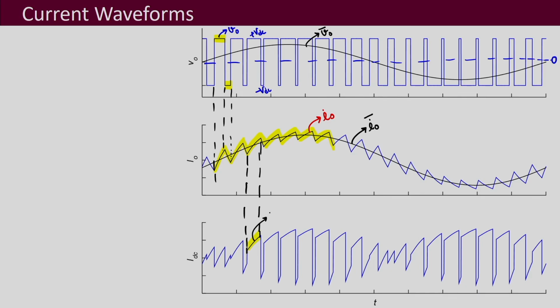So, this part it is equal to plus IO, and this part you can see that it is equal to minus IO here, and so forth, it continues like this. So, using this waveform you can find out this IDC waveform also.